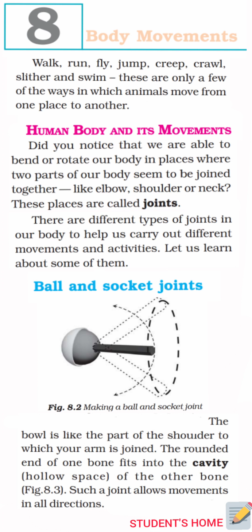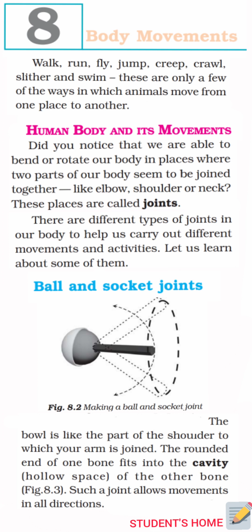The ball is like the part of the shoulder to which your arm is joined. The rounded end of one bone fits into the cavity, the hollow space of the other bone. Such a joint allows movement in all directions.